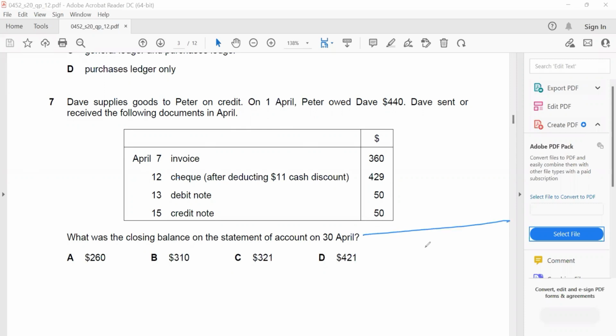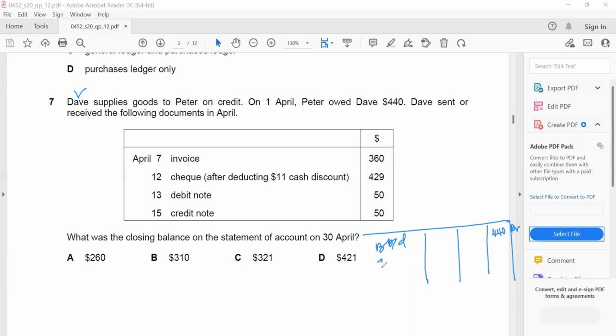So the statement, who will prepare the statement? Dave supplied goods to Peter. So Dave will prepare the statement of account. And on credit, Peter owed. So that means on this date, 440. So this is a debit. Balance brought down. This is a statement format.